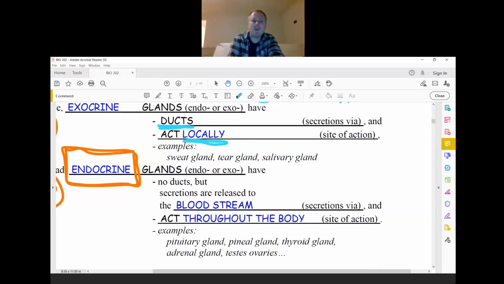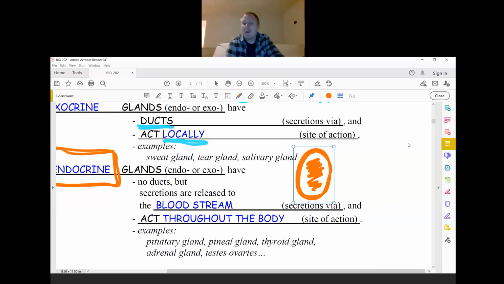How does this work with the endocrine glands then? Well, again, we do have a gland, and this gland produces certain secretions. But unlike what we saw earlier on, these secretions are now released into the bloodstream. So there's no specific duct, no specific location where they get released.